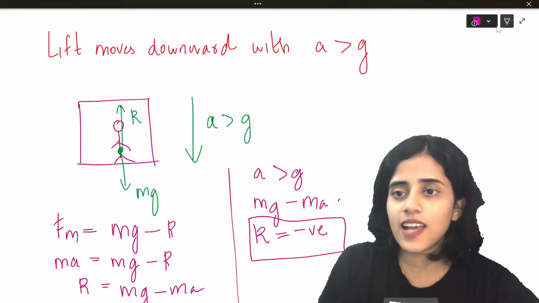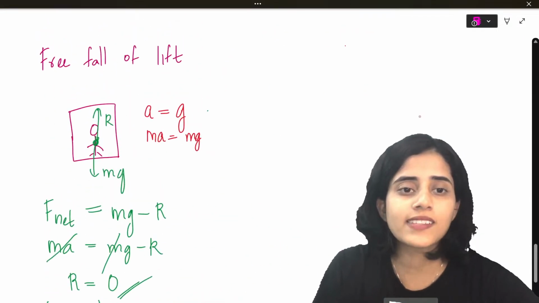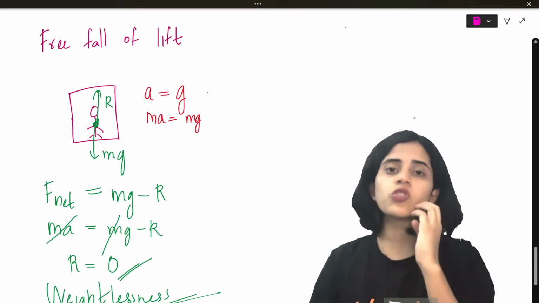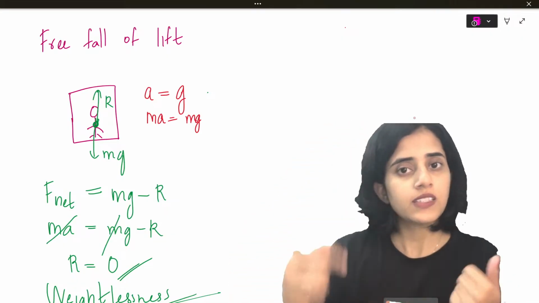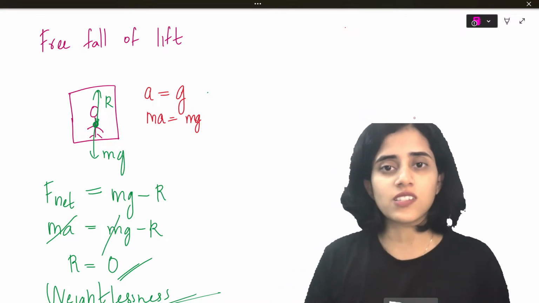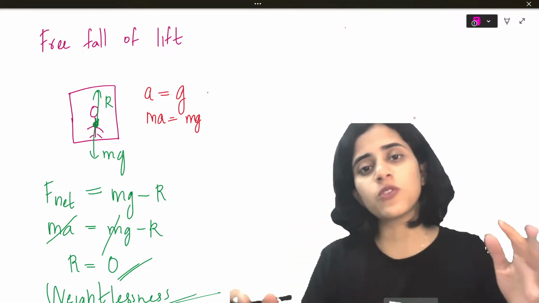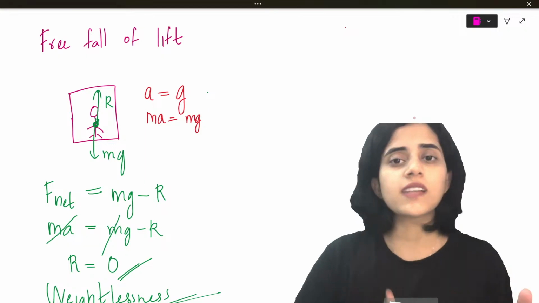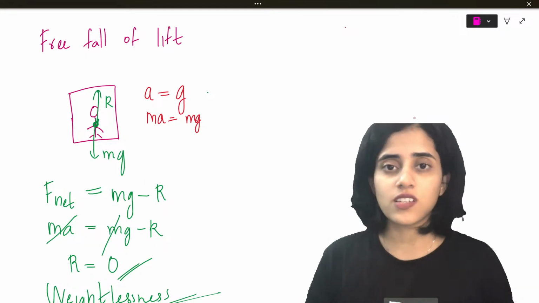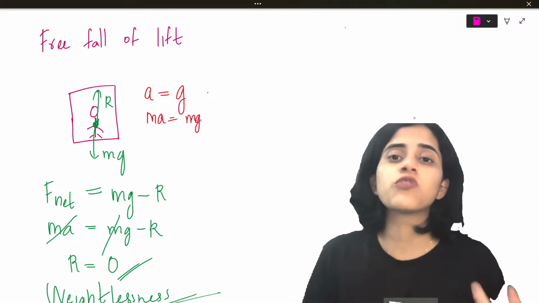See, weightlessness, how, ma'am? One thing you should know is you feel weight because of your normal reaction force. The downward force is always constant. If you're standing on the lift, however the lift moves, your downward force, mass and gravity, is always constant. But sometimes you feel heavy, sometimes you feel light.